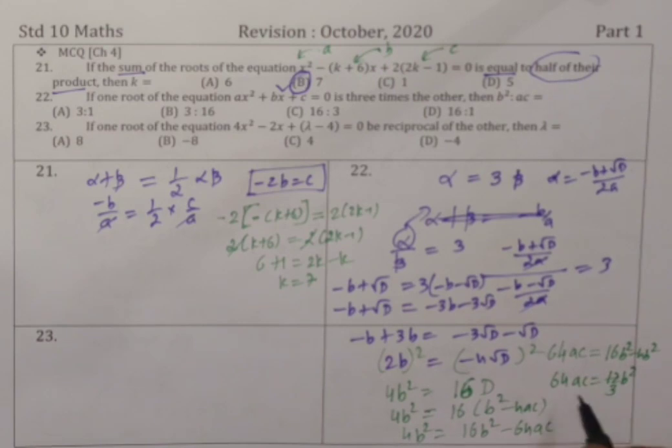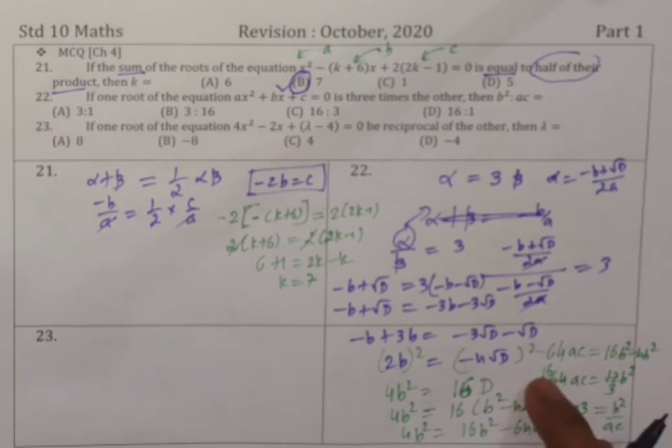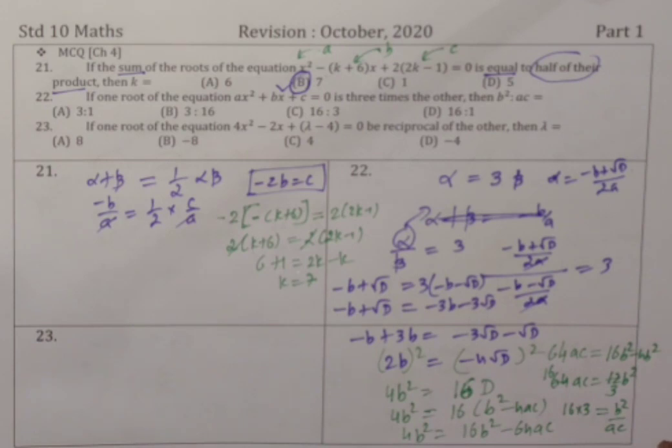Now 4 3s are 12 and 4 16s are 64. So b square upon ac, take ac to the other side. That is 16 into 3. Correct? 16 into 3, not into 3, 16 upon 3.